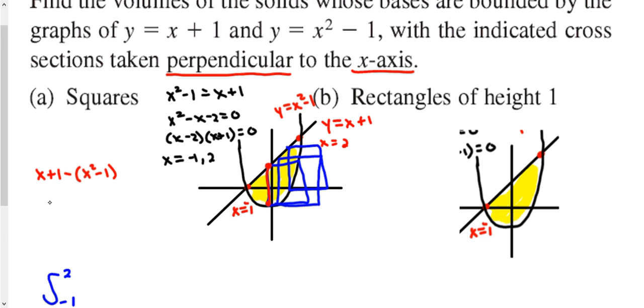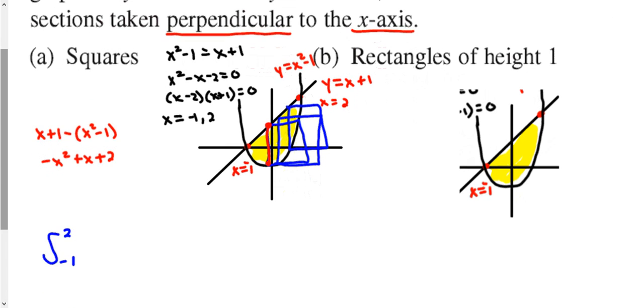So that would be negative x squared plus x plus 2. That would be the length of a side. Well, the area of a square is just the length of one side squared. So then all we've got to do here is take negative x squared plus x plus 2, square that, and integrate it with respect to x.